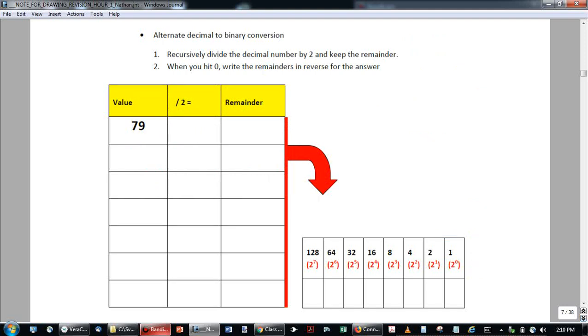There's an alternate for this, and some people prefer this. I find this more work, but you can basically take the number that you have, like 79 in this case, and divide it by 2.